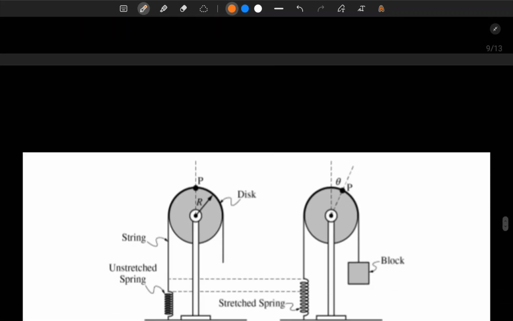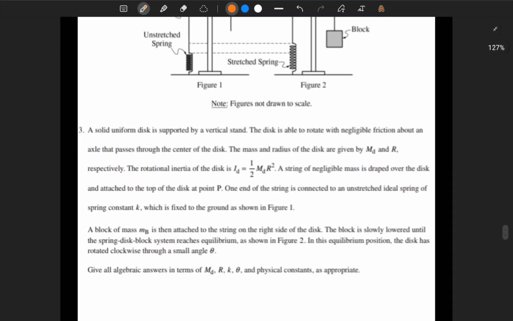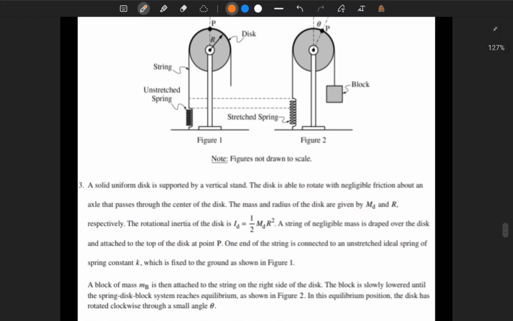Moving on now to question 3. Consider the following setup. A solid, uniform disk is supported by a vertical stand. The disk is able to rotate with negligible friction about an axle that passes through the center of the disk. The mass and radius of the disk are given by m_D and r, respectively.